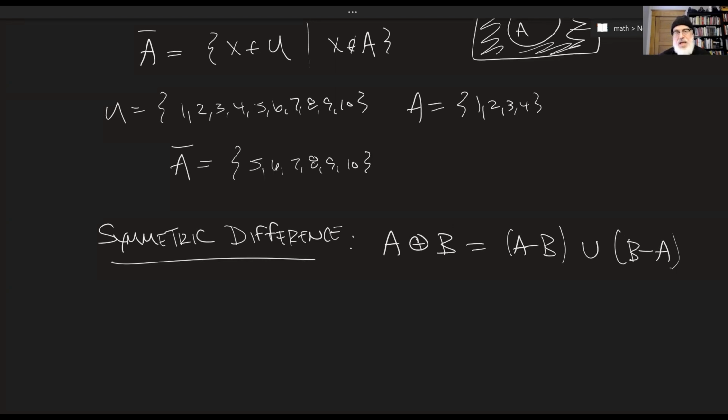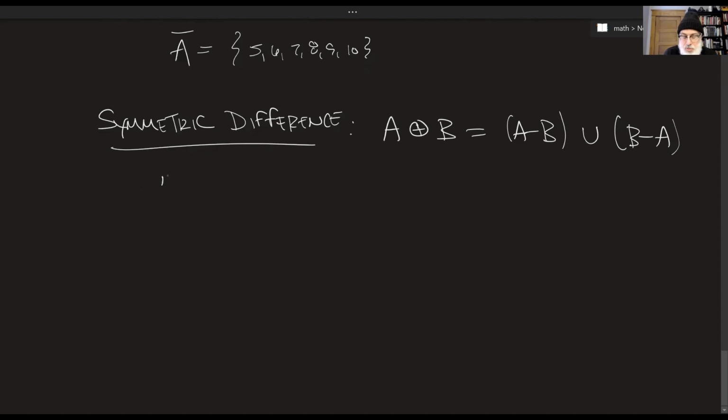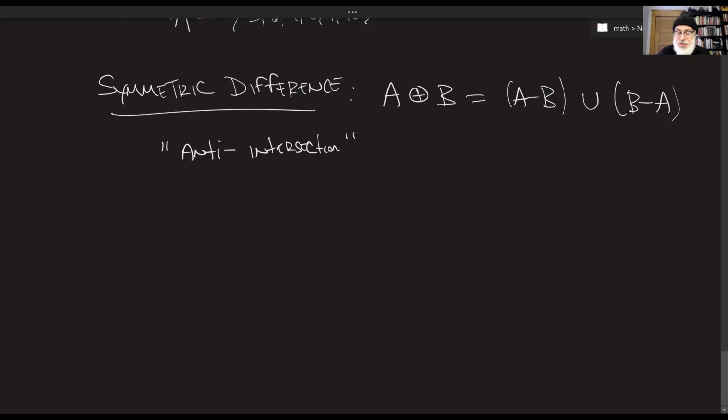All the stuff that's in A but not in B, and all the stuff that's in B and not in A. The way I like to think of the symmetric difference, and I think this is a more appropriate term for it, is the anti-intersection. That's sort of my own term. When students ask me questions about the symmetric difference, I always tell them to think of it as the anti-intersection, and that'll become apparent when we write this out.